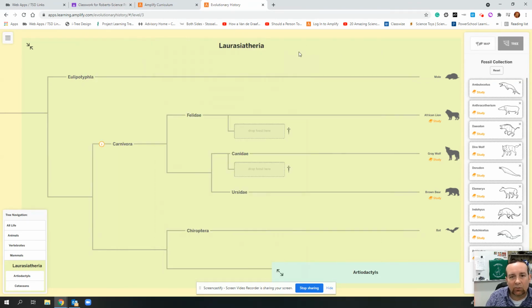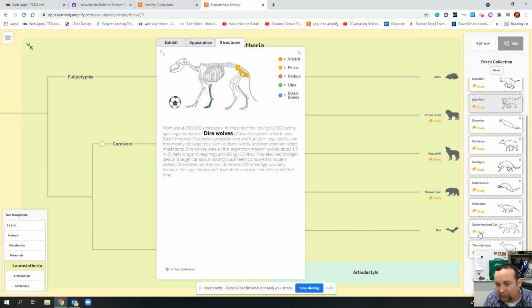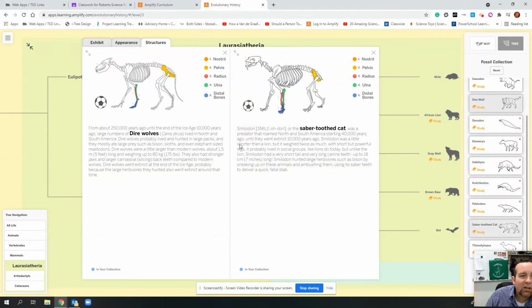So let's look at our dire wolf and our saber-toothed kitty. Study those. So here's our saber-toothed cat and our dire wolf. Notice the nostrils with the cat. It's kind of the same that we saw with the lion and the gray wolf, where the nostrils are higher up on the cat versus the dire wolf, where they're further down on the snout.